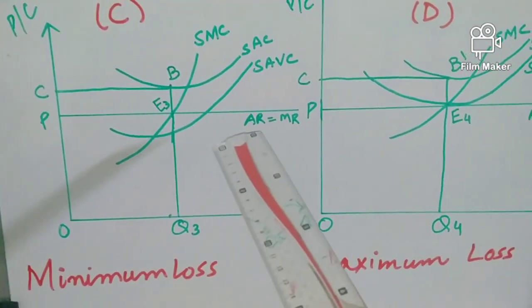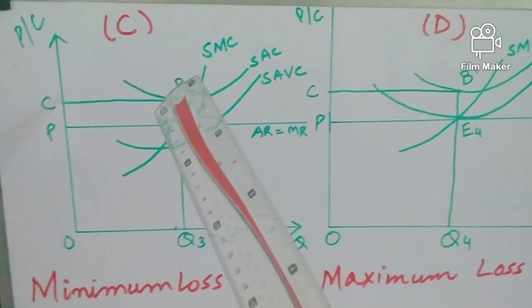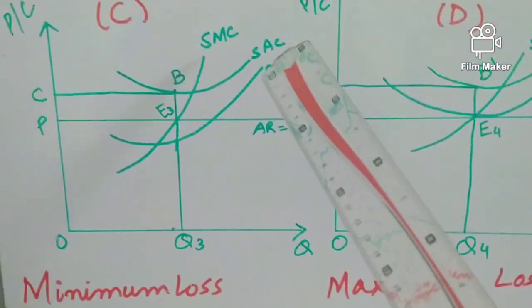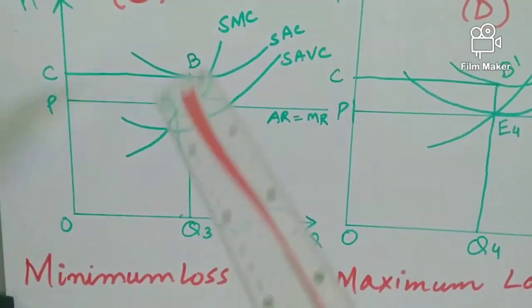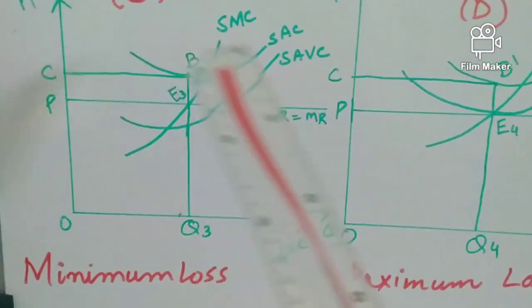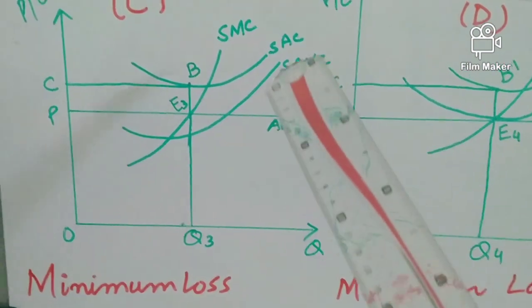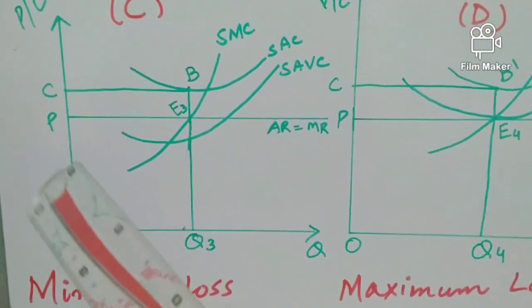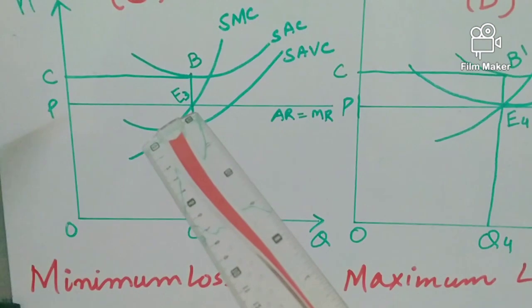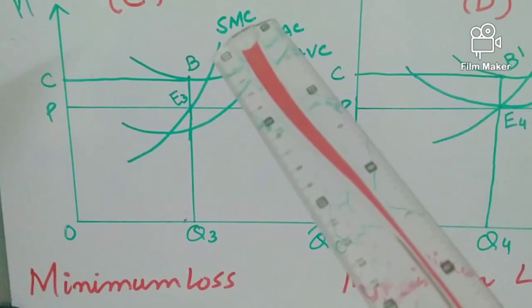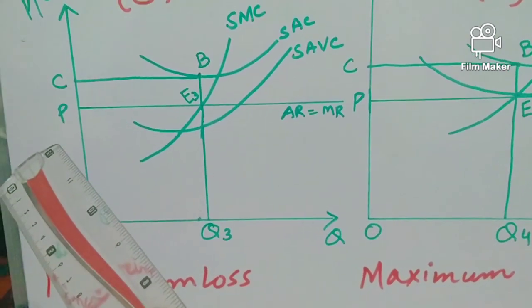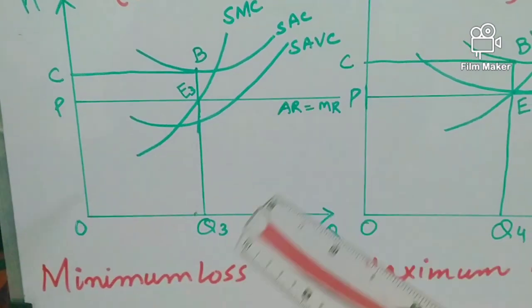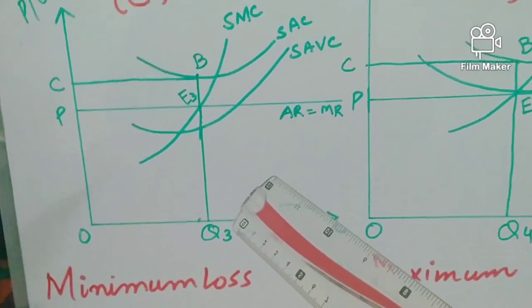It is equal to average revenue and marginal revenue. Now in this case, the short-run average cost curve is above the price line and the short-run average variable cost curve is below the price line. Equilibrium will take place again at the point where SMC cuts MR from below at point E3. OP is the equilibrium price determined, and OQ3 is the equilibrium quantity.